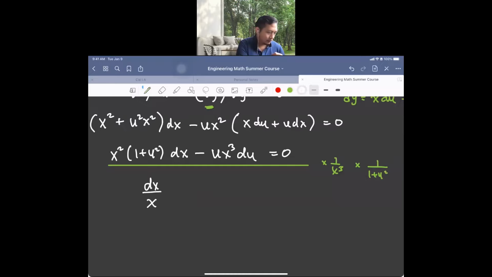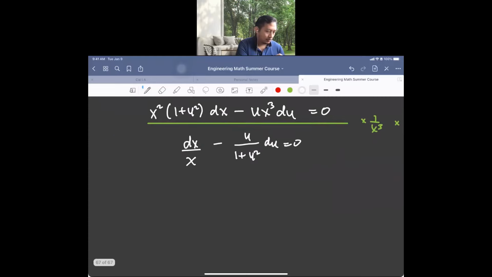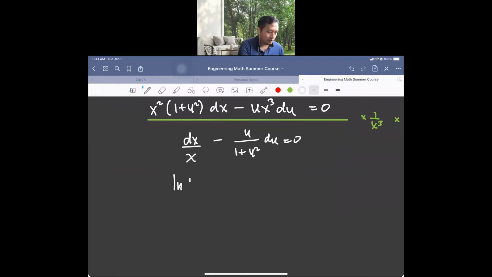Okay. So we can cancel that, and the other one will be canceling, and u over 1 plus u squared du. And we integrate separately. So we are going to have the separable method, and this will be ln x.